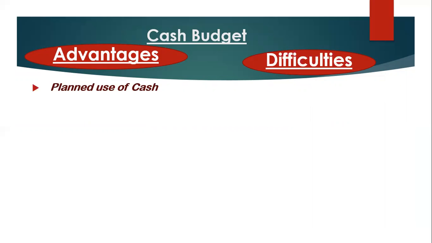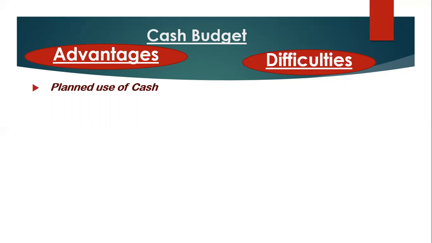First advantage is planned use of cash. If we are making the cash budget in our business, we can utilize the cash according to our plan. Means we can do planning that where and how much cash will be utilized, because from the cash budget we will come to know that in this month we are having the excess cash, or we are having the less cash.